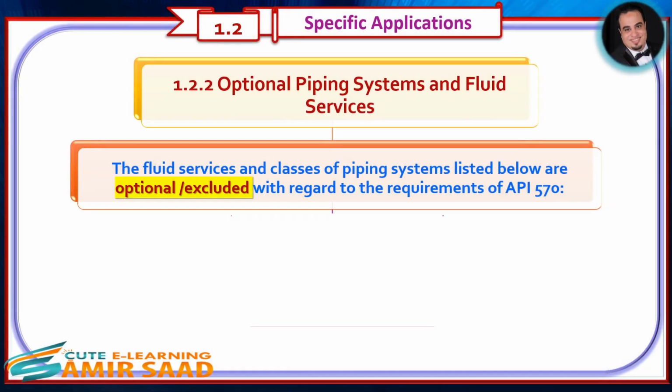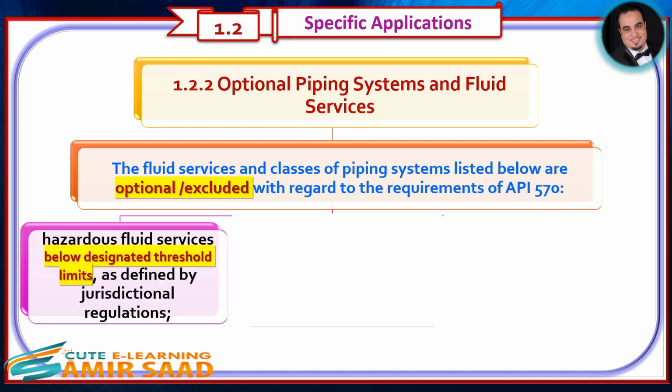Optional piping systems and fluid services. The fluid services and classes of piping systems listed below are optional, or excluded with regard to the requirements of API 570. Hazardous fluid services below designated threshold limits, as defined by jurisdictional regulations.